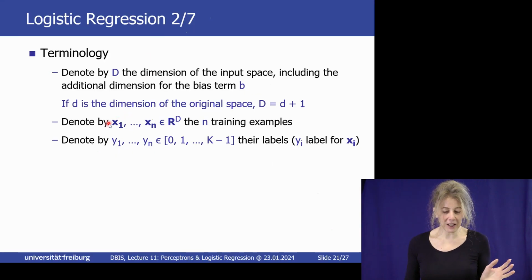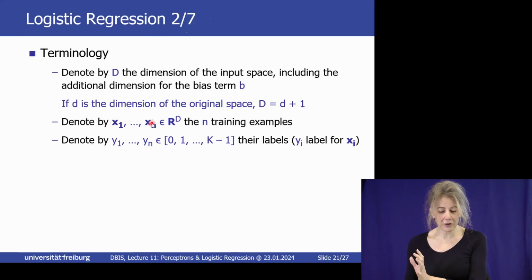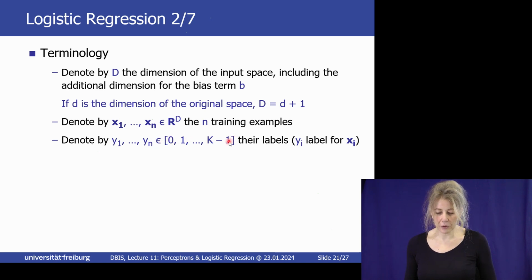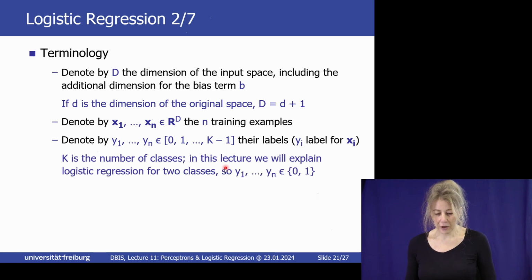So this is my input, n vectors, and that's the things from which I want to learn. And for each of them, a label. Here I wrote it again for multi-class, because logistic regression can be generalized to multiple classes, but in the lecture, 2 classes.